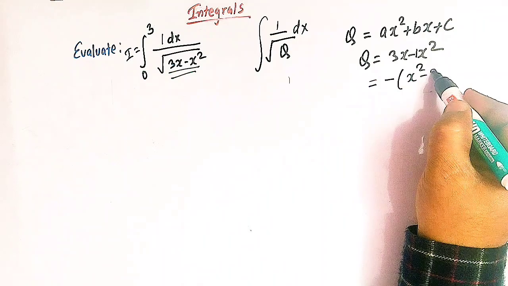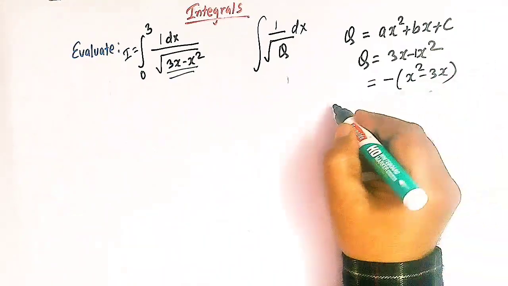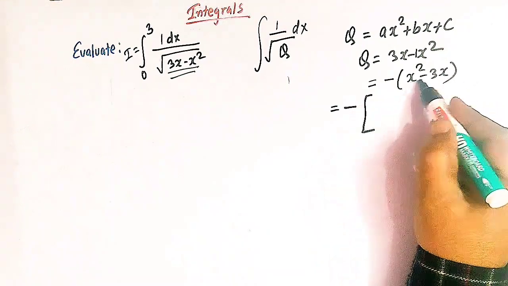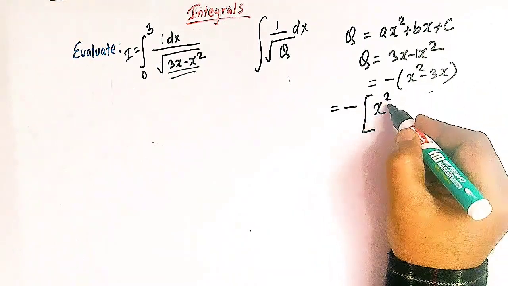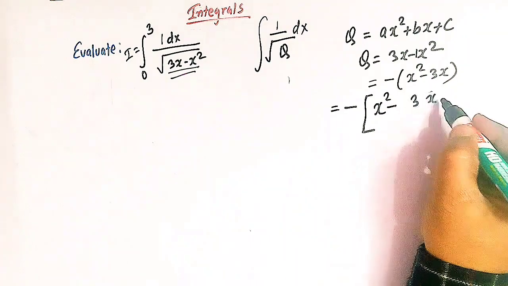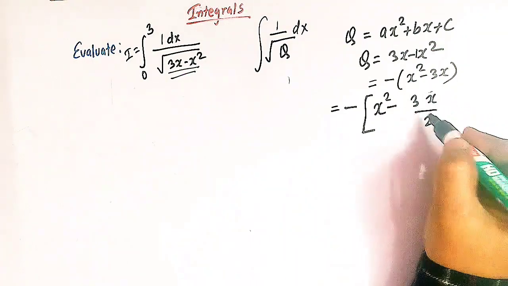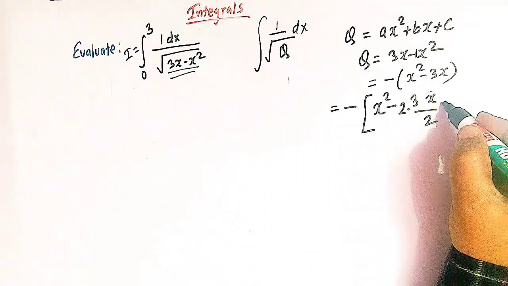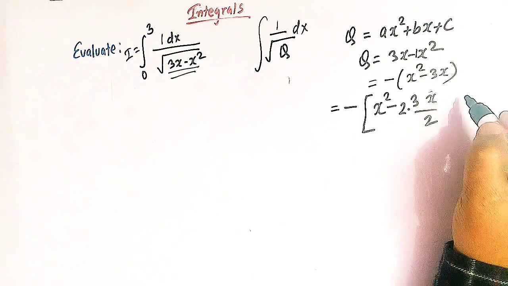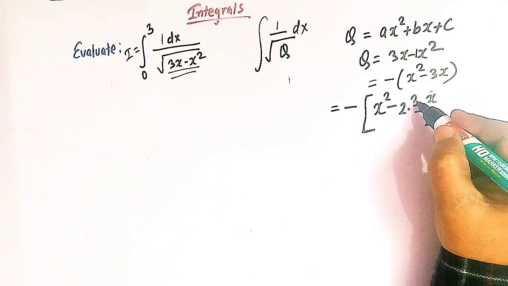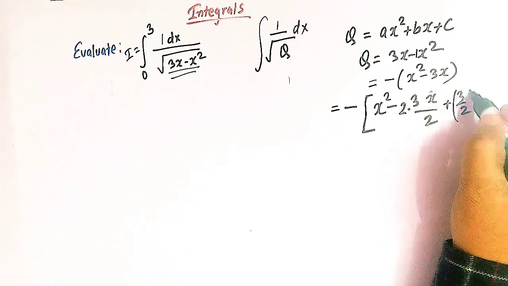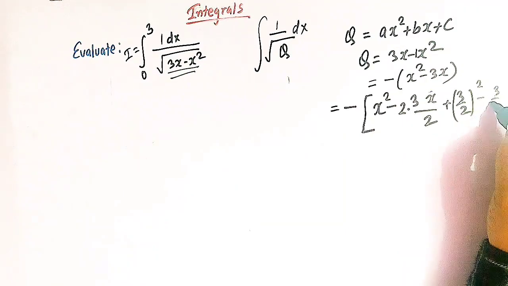So we have x square minus 3x, right? Okay, so now we have minus, and now we'll write this term as x square minus 3x over 2. Here we'll write a 2 in front of 3x, and then we'll add and subtract the square of 3 by 2, right? So here we'll write 3 by 2 square, then we'll subtract 3 by 2 square, right?